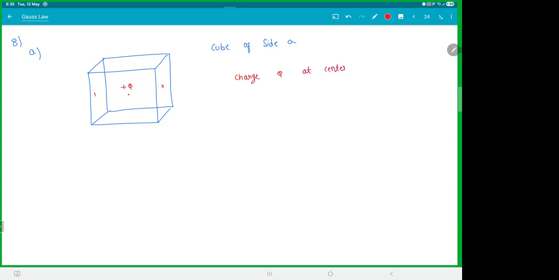Face 1, face 2, face 3, face 4, face 5, and face 6. There are 6 faces. Find the flux through each face.